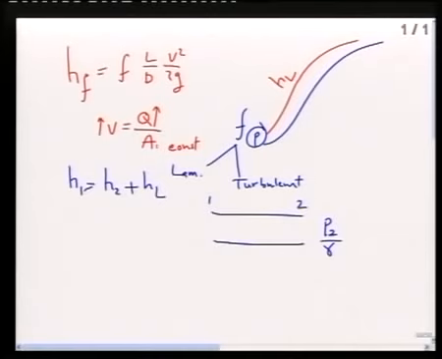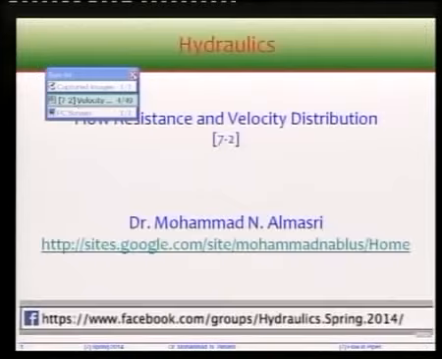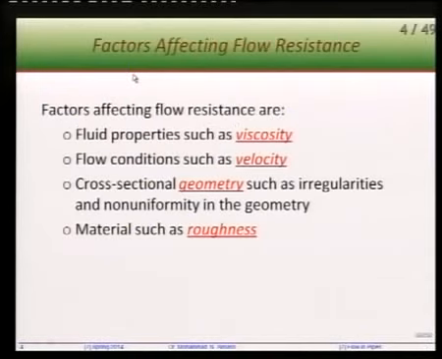Simple as that. The geometry. What is meant by geometry? Shakl, the shape. Now, circular pipe will have a different head loss than square pipe.